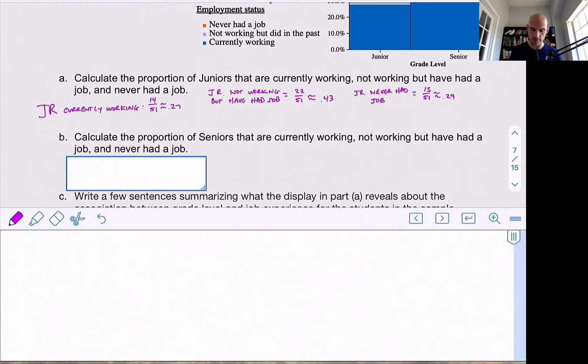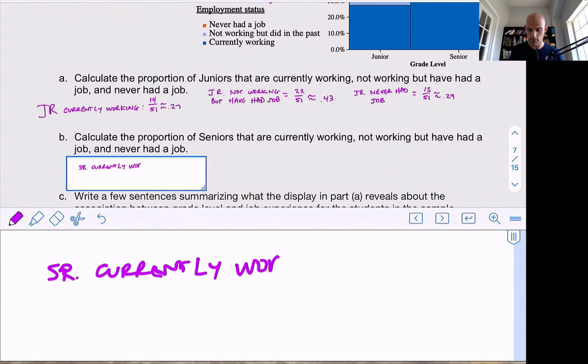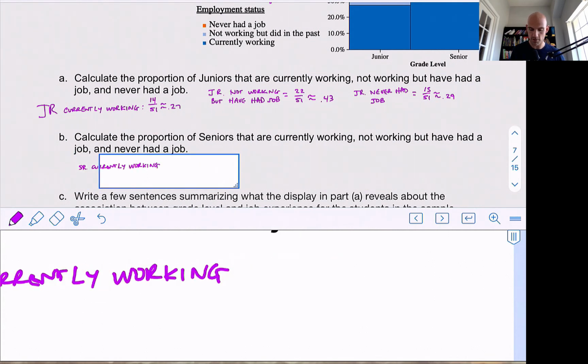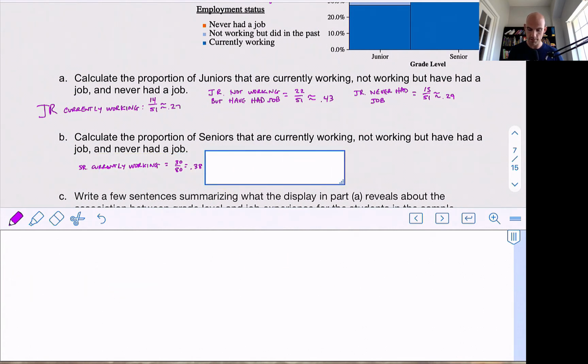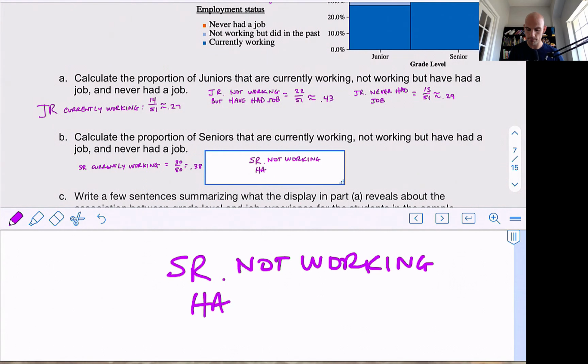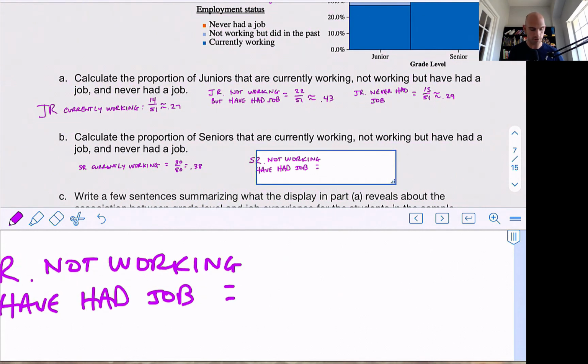We're going to do the same thing for the seniors. So seniors currently working. Seniors currently working is 30 out of 80, which is 0.38. Seniors not working but have had a job is equal to 40 out of 80, which is 0.5 exactly.